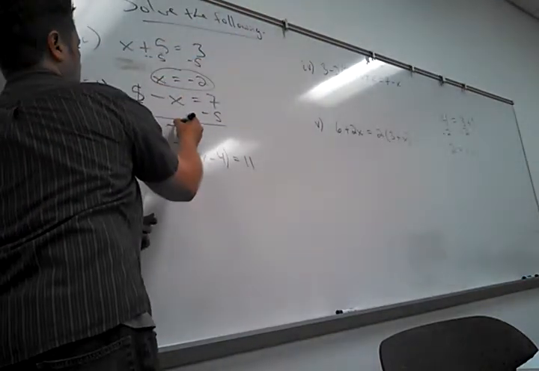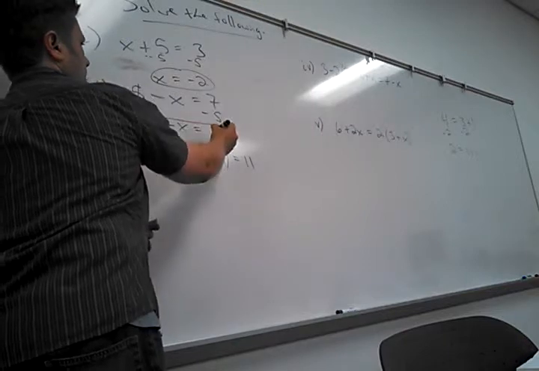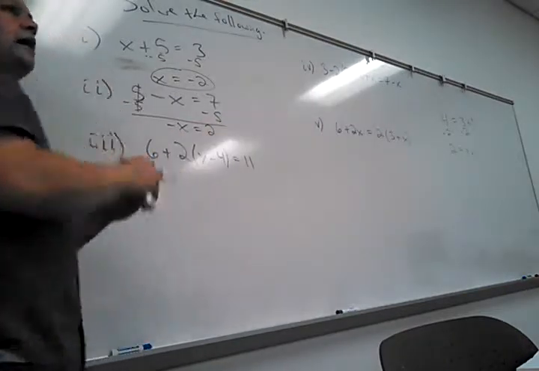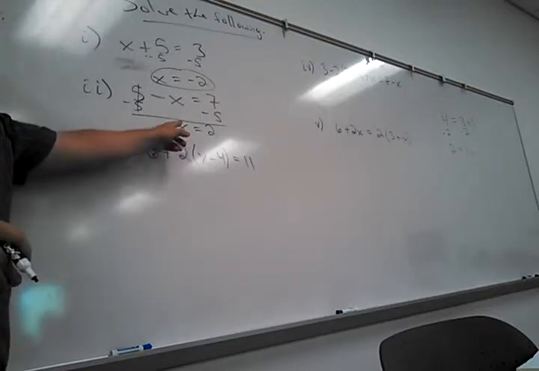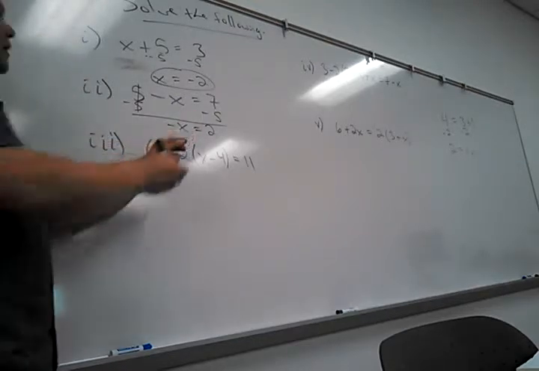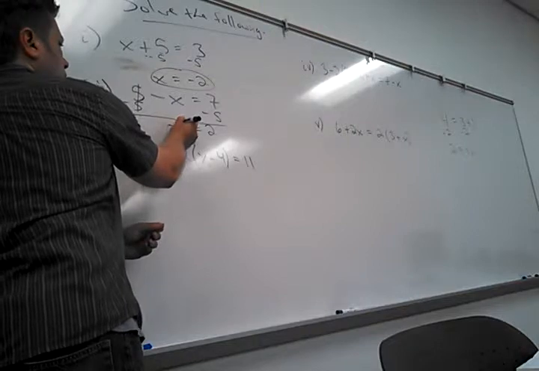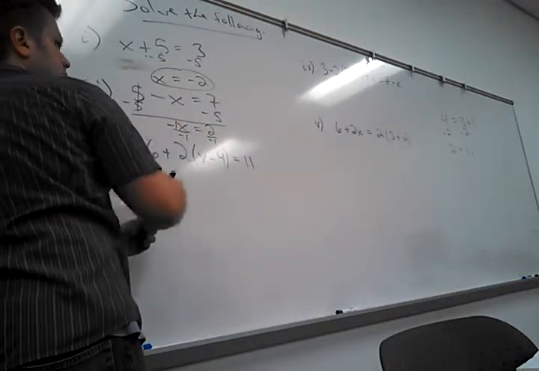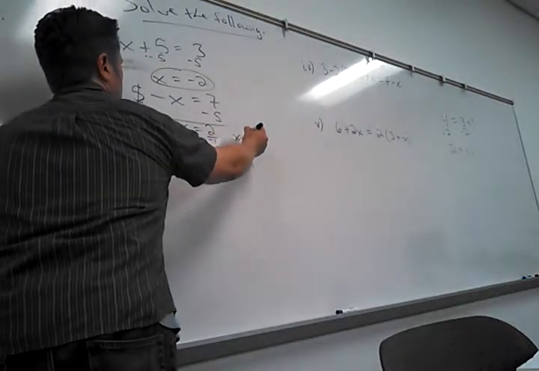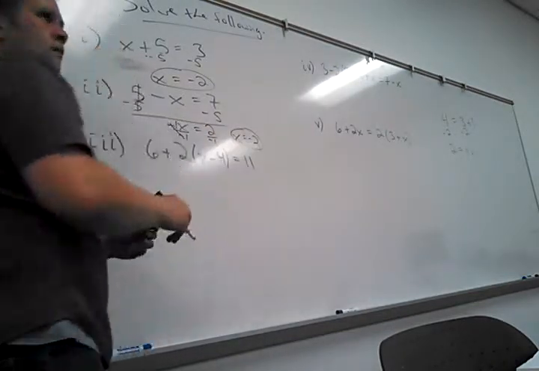It's still negative x. So I don't stop there, because you don't have x by itself yet. How do you get rid of that negative in front? What's understood to always be there? So then you divide by that thing you don't want. So you get x equals negative 2.